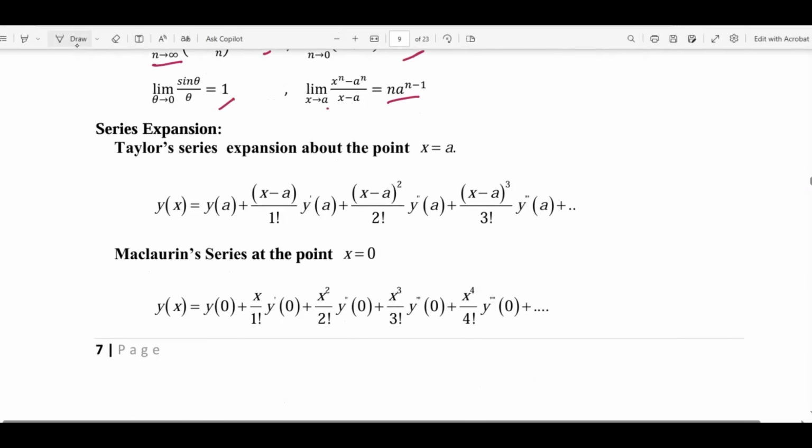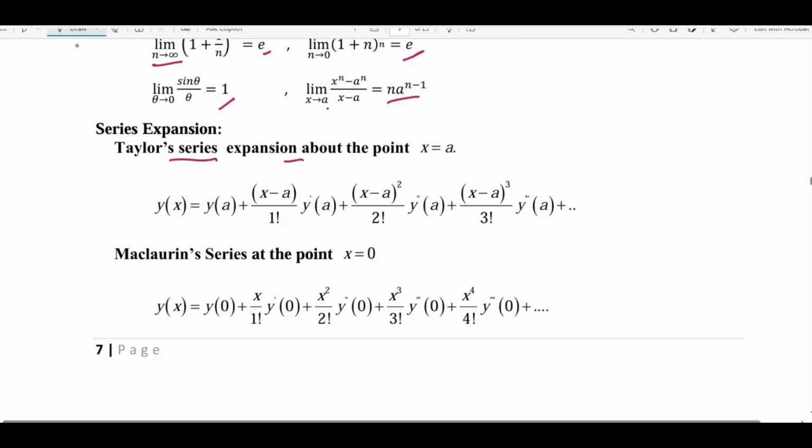We have Taylor series expansion about the point x equals a, that will be y of x equals y of a plus (x minus a) divided by 1 factorial y dash of a plus (x minus a) whole square by 2 factorial y double dash of a plus (x minus a) whole cube divided by 3 factorial y triple dash of a plus, and it goes on. Then Maclaurin's series at the point x equals 0.